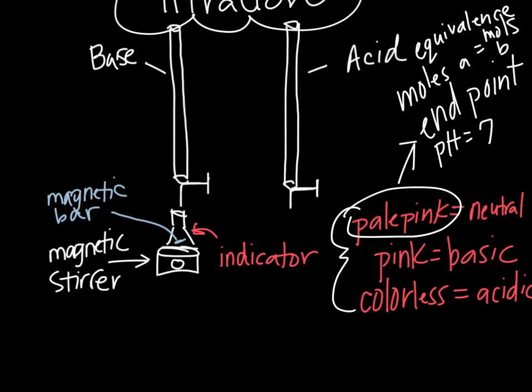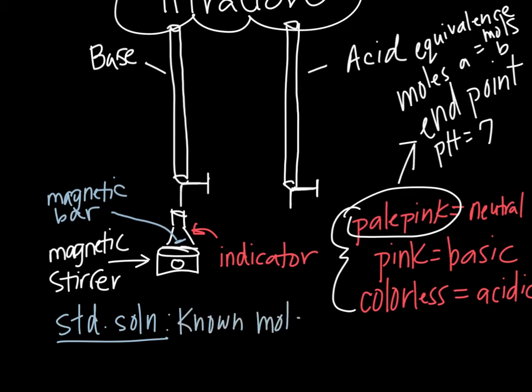Now, when we're doing this titration lab, one of these solutions is going to be what is called the standard solution. The standard solution for a titration is the solution that has the known molarity.